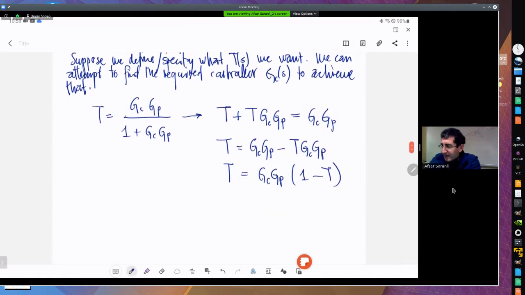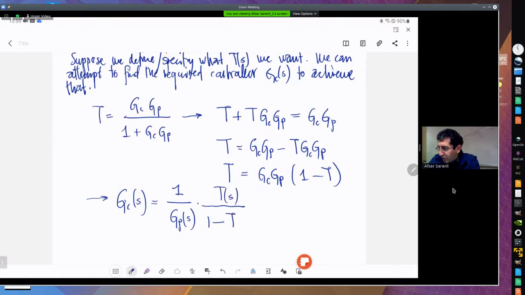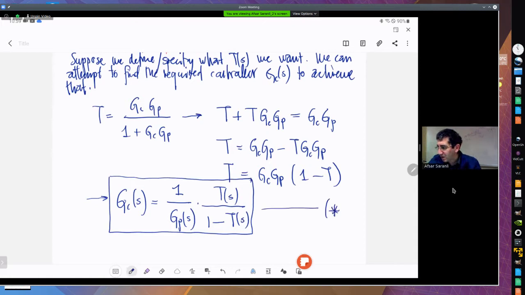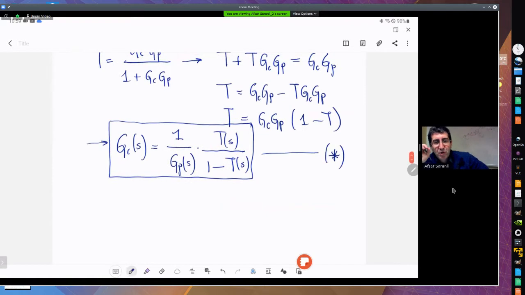And therefore I can simply write down GC of S now as a function of the rest, 1 over GP of S times T of S over 1 minus T of S. Okay? So let's call this equation star if we need it. So we have expressed GC of S in terms of the desired overall transfer function T of S.